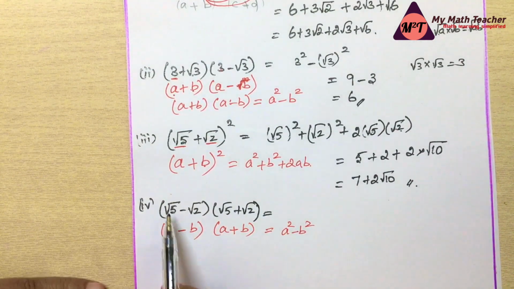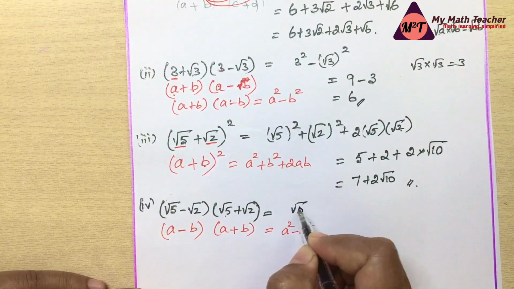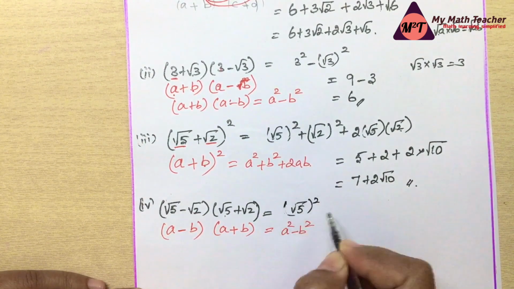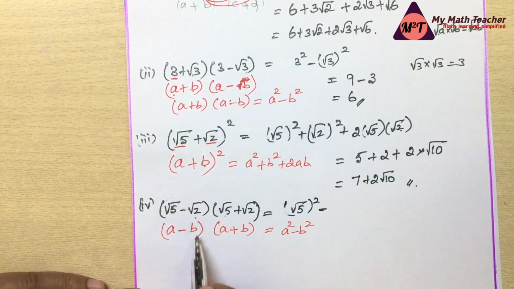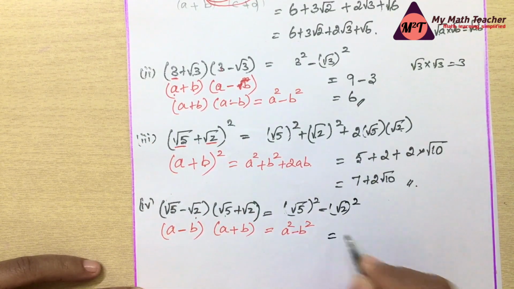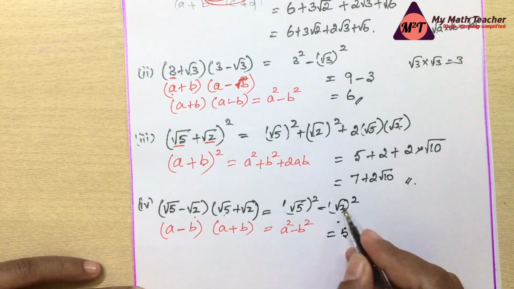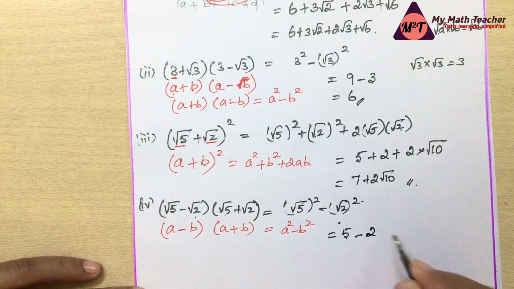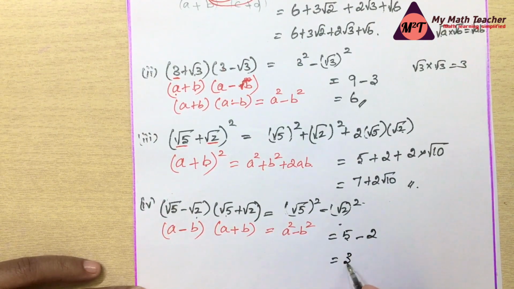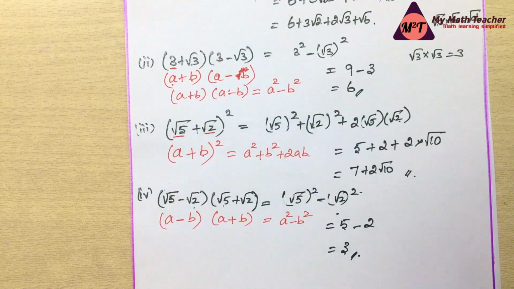In the place of a we have √5, so (√5)² minus, in the place of b we have √2, so (√2)². This is equal to √5 into √5 is 5, minus √2 into √2, which is 2. 5 minus 2 is 3. So this is how we have to simplify the given expressions.